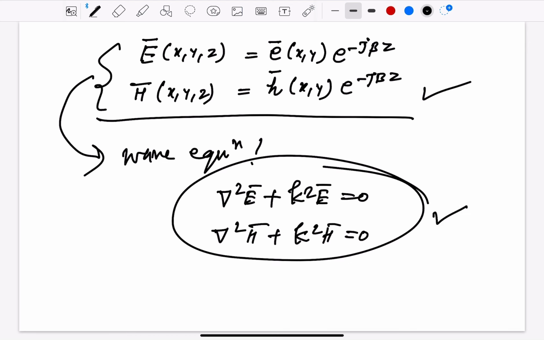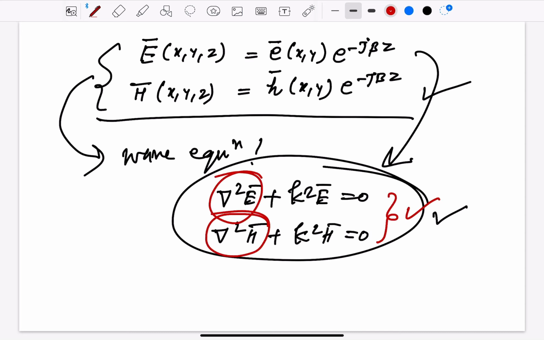So we have these two wave equations, and of course we need to satisfy them. Let us do all of this in rectangular coordinates. Mathematically, del square E and del square H are of the same form, so let us write it in a generalized way so that we can talk about the solution for both equations.